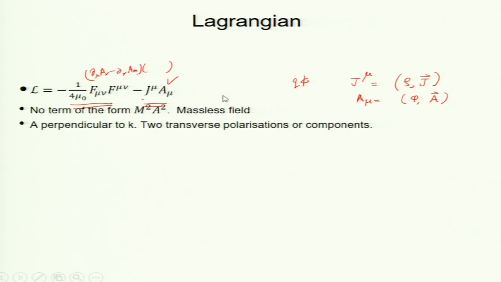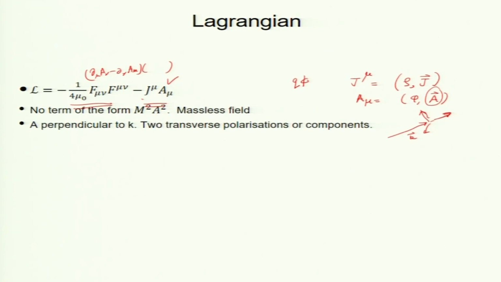And one more constraint which comes in electrodynamics is, for a given wave vector k in Fourier space, I could have 3 components for A, right. If I do Fourier transform of this vector A, then I can have 3 components, but it turns out we have only this component, the longitudinal component is 0.